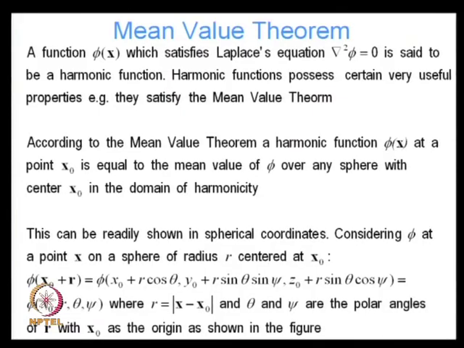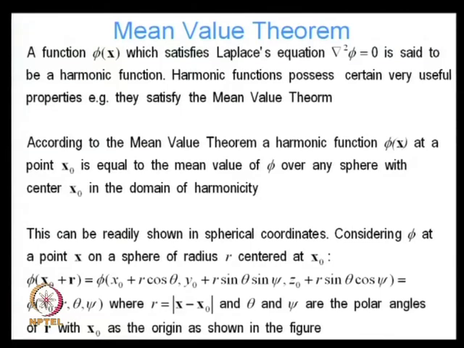We are going to show why the mean value theorem works next class, and we are going to show that in spherical coordinates. I will just introduce spherical coordinates and then end this lecture.